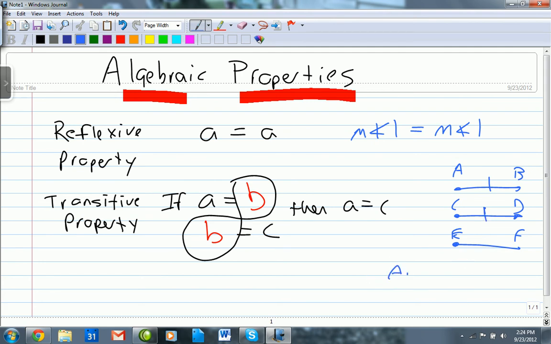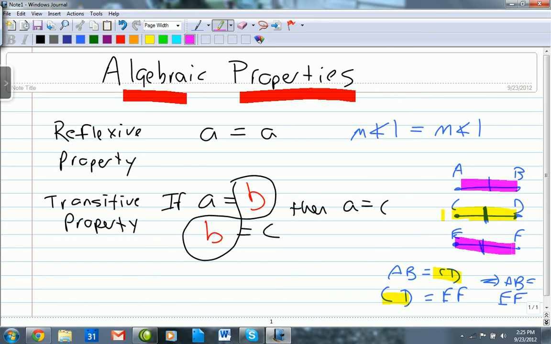And what if that same CD is also equal to EF? Then by the transitive property, AB, the top segment, must be equal to EF, the bottom segment. In this case we have two segments, both of which are equal in length to CD. AB is equal to CD, and EF is equal to CD. So those two lengths have to also be equal by the transitive property.